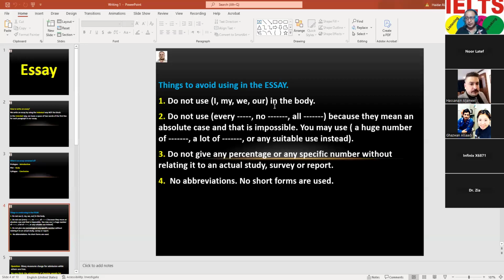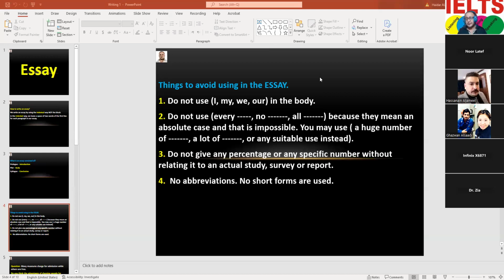Because in the IELTS, we do not have 0% or 100%. That is impossible. Until this point, is everything okay for everyone?